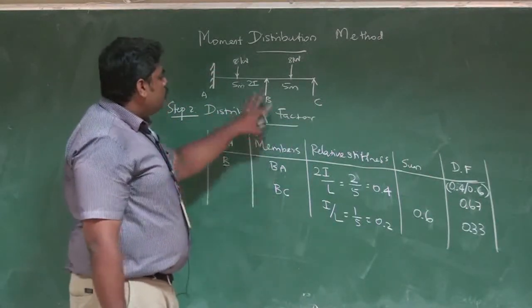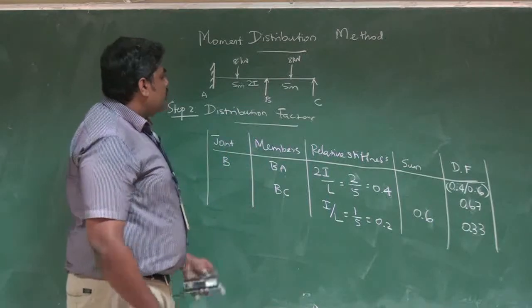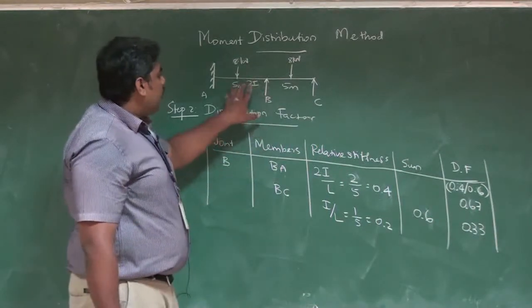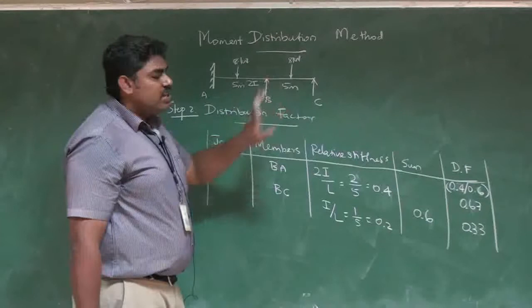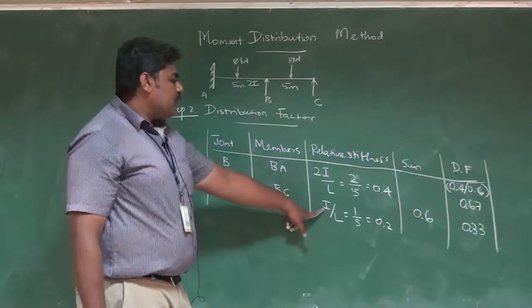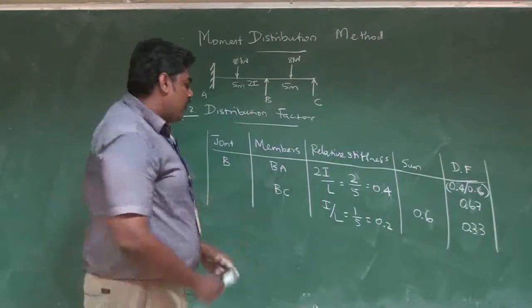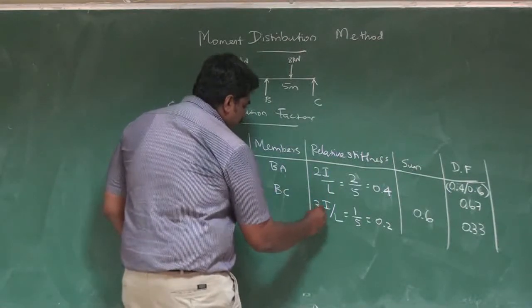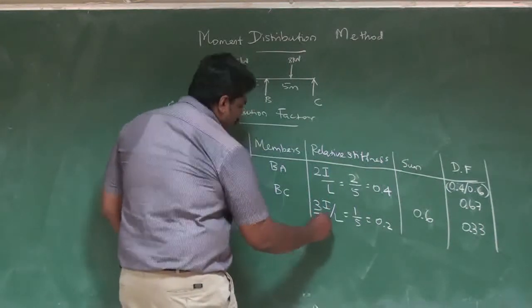Right. So now what is the change you will feel is the distribution factor. I have not changed the I value. I have changed the support. Right. So now the change will occur here in the relative stiffness because the formula is 3 by 4 I by L. Right. So this formula gets altered to 3 by 4.